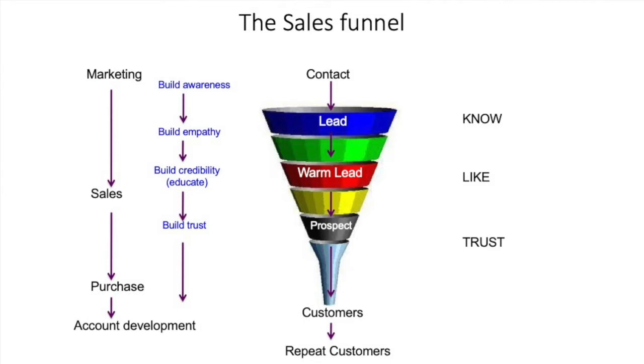To move contacts through the funnel, we need to first get them to know us by creating awareness. Second of all, we need to get them to like us by showing that we really understand the challenges and we can solve those challenges. And thirdly, we need to get them to trust us through case studies, testimonials, and the meeting process. When a prospect knows, likes, and trusts us, they will then potentially buy from us.